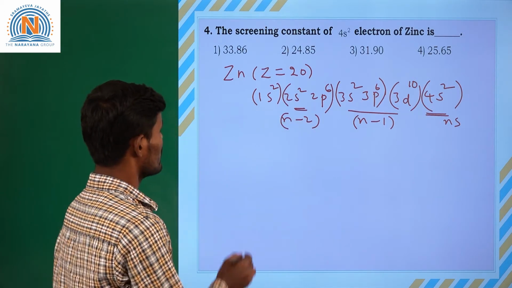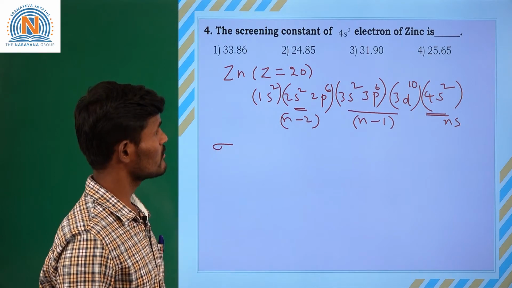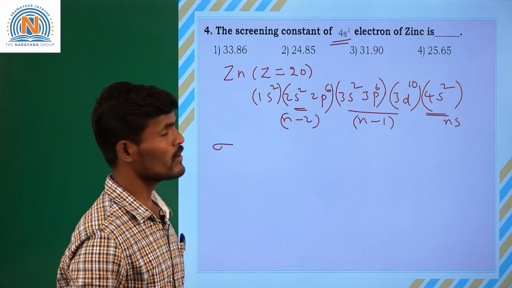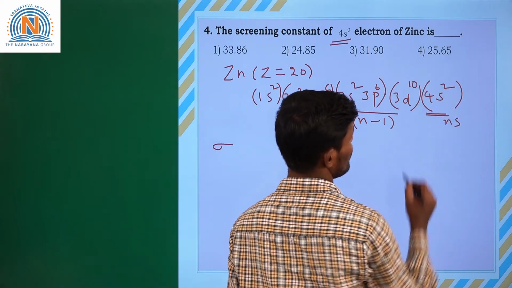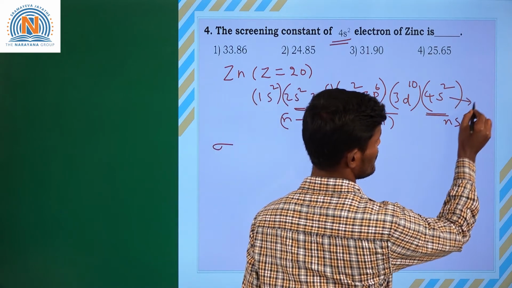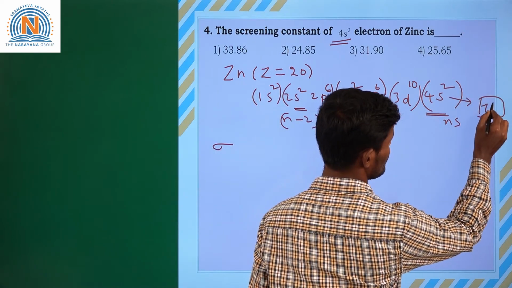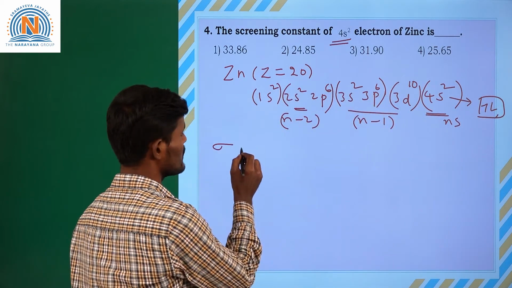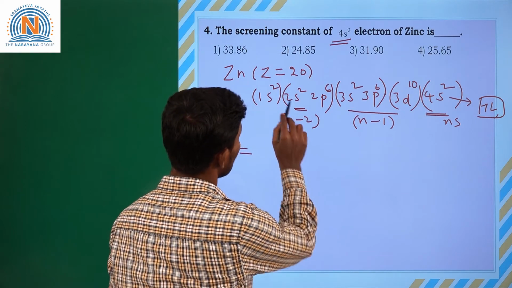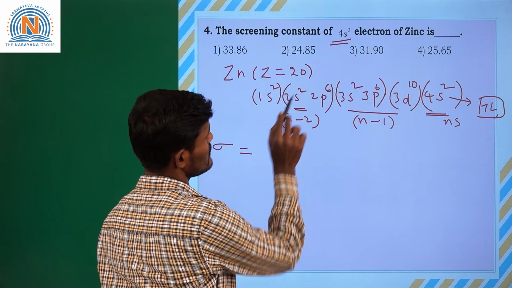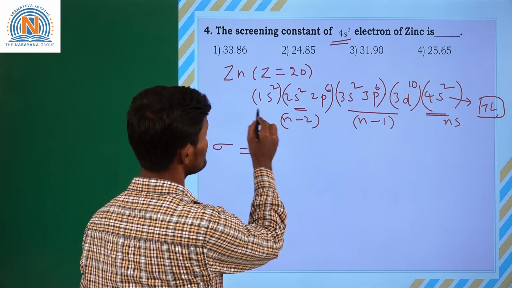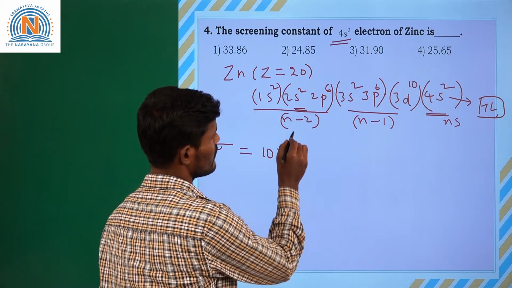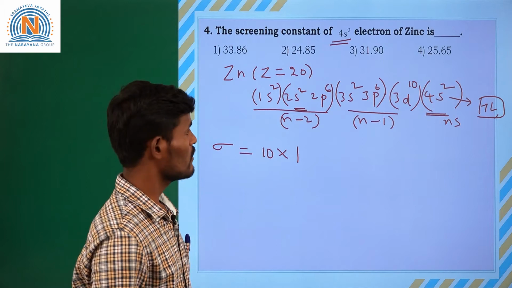Screening constant sigma, here 4s2. We have to calculate the screening constant of the 4s2 electron. The s orbital has 2 electrons. Sigma is equal to, in this 2 plus 6, total 10 electrons, 10 into 1. For n minus 2 it is 1.